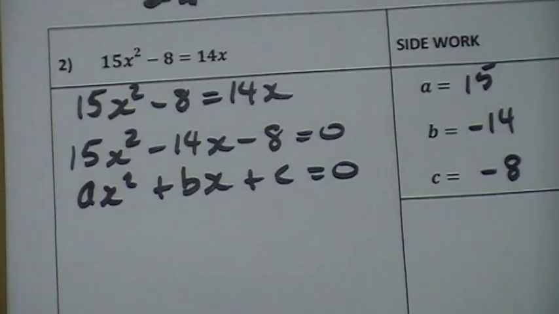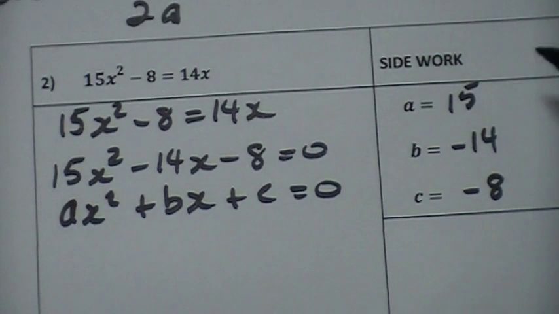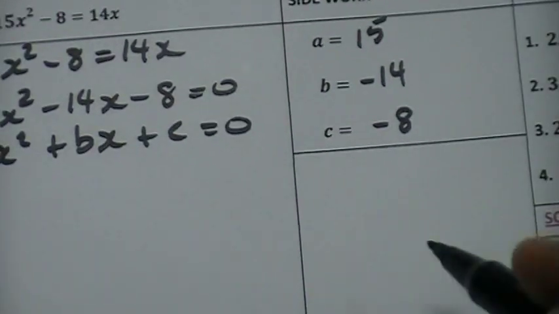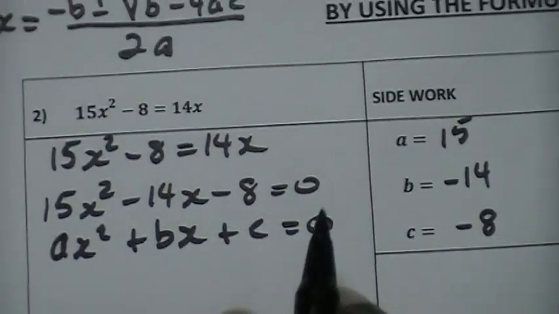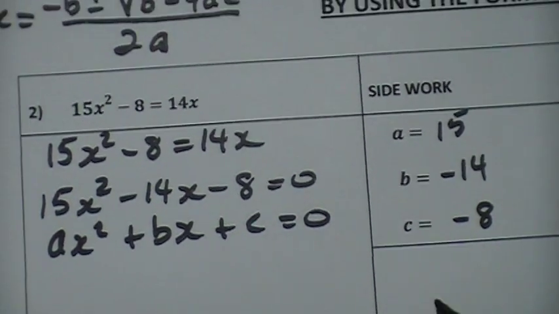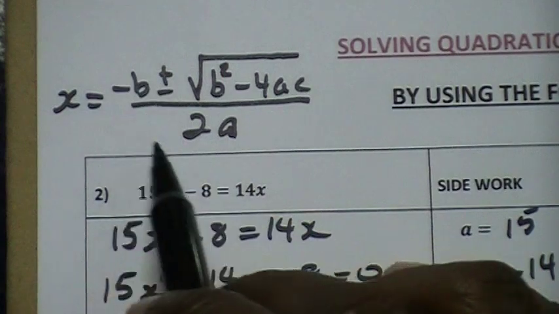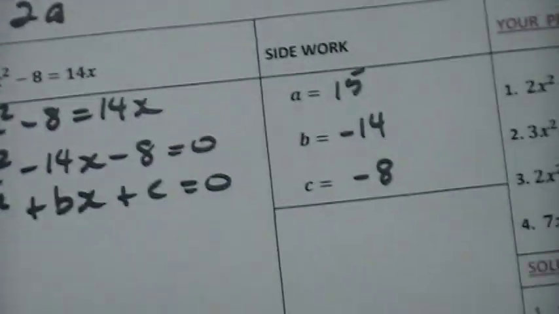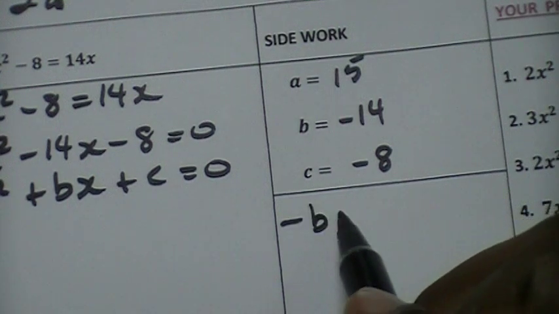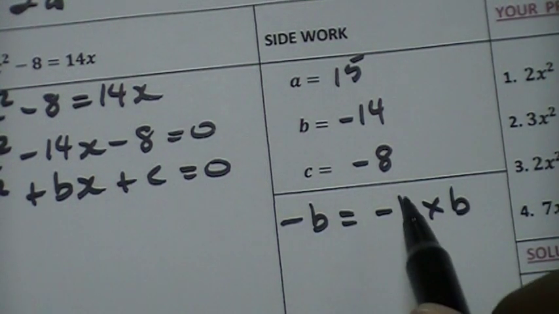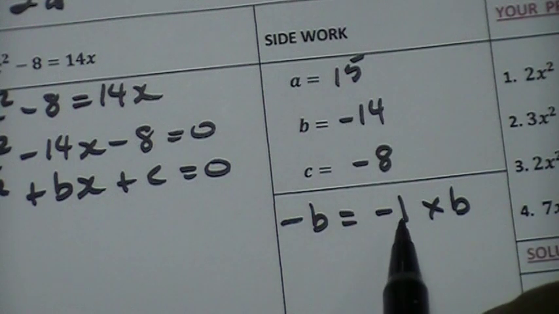Once we have that, we can substitute these values into the formula. But here's a way I'm going to do it, which is a little bit simpler, at least I think so. Let's look at the different parts of the quadratic formula. I'm going to take the negative b, which means negative 1 times the value of b.